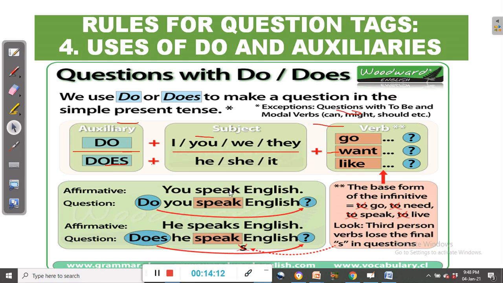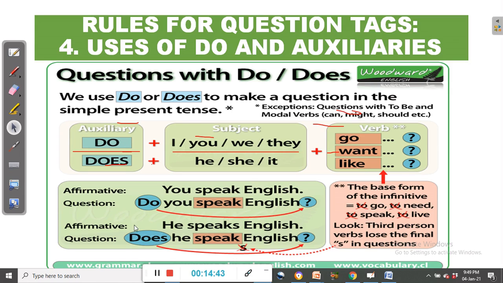So if we say you speak English, don't you? Then if we reconstruct the question to be a yes or no question instead of a tag question, we can simply say, do you speak English? Alternatively, we can say, if we are just looking for confirmation or agreement, you speak English, don't you?